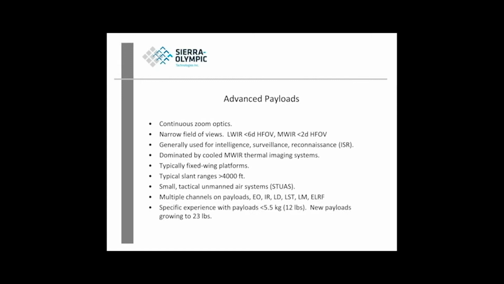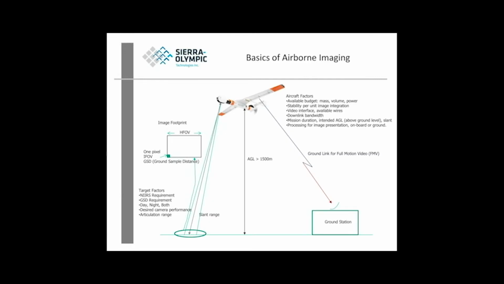The LM is a laser marker, iSafe laser rangefinder. Those are the additional payloads that are going in. And understand that we're dealing with STUAS payloads that weigh about 5.5 kilograms or about 12 pounds. I just brought this one up again just so you understand what kind of AGLs we're dealing with and what kind of aircraft we're dealing with.